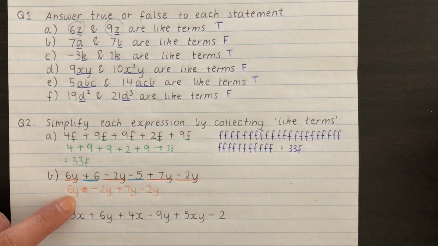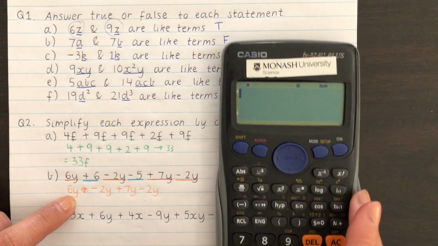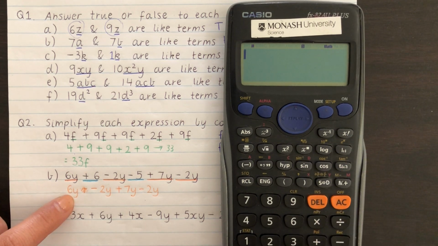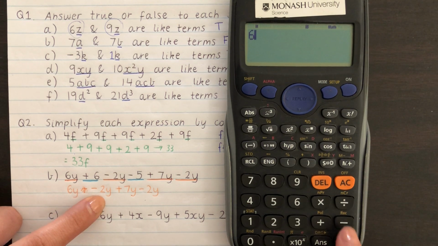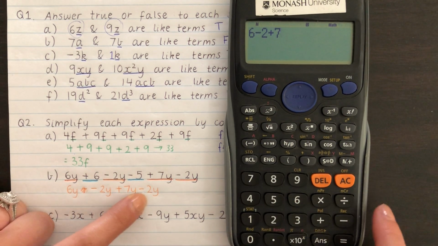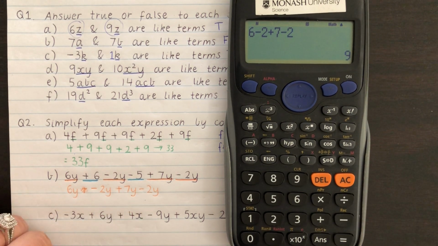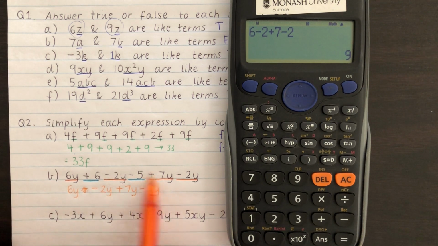Now what you can do if you're a little bit rusty on your negative numbers, you can just put them in your calculator as you see it. So we've got a 6 minus 2 plus 7 minus 2. Okay, and you see that you get 9. So all of this together equals 9Y.